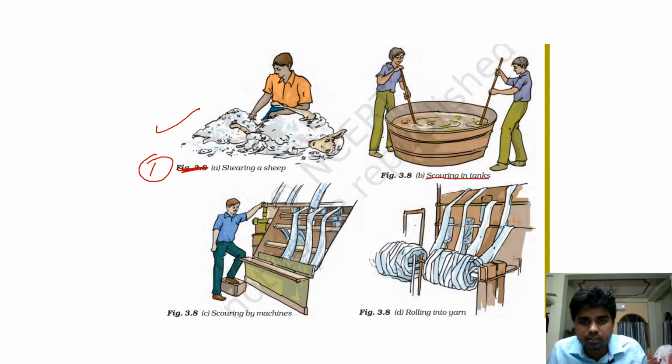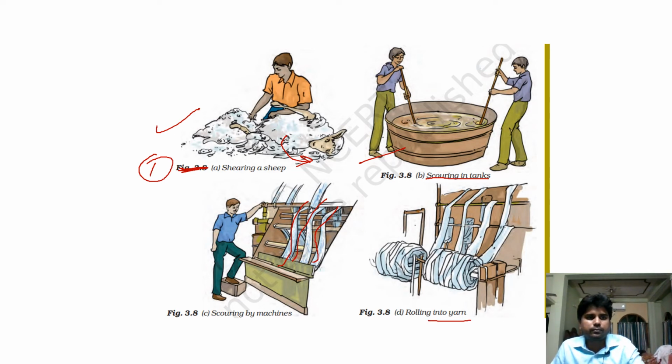Now it is written scoring in the tank. What does this mean? The wool taken from the sheep may contain different types of dirt, or some bacteria and viruses may be present on it. So it is made clean by putting it into boiling water. The third step is that after cleaning, the wool is put into the machine to form one long thread-like structure, and after that it is rolled into a yarn.